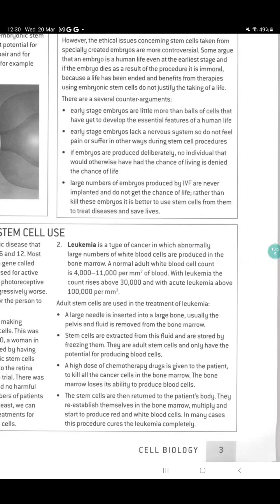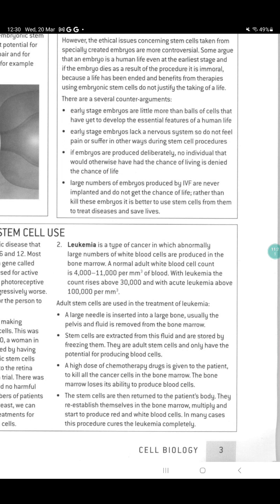Now another example is leukemia. Leukemia is a type of cancer, white blood cancer. The cells are produced in the bone marrow, and in a person with leukemia the white blood cell count is abnormally high. Normally it should be in the range of 4,000 to 11,000 per cubic millimeter, but in leukemia it can be about 30,000 to 1 lakh.